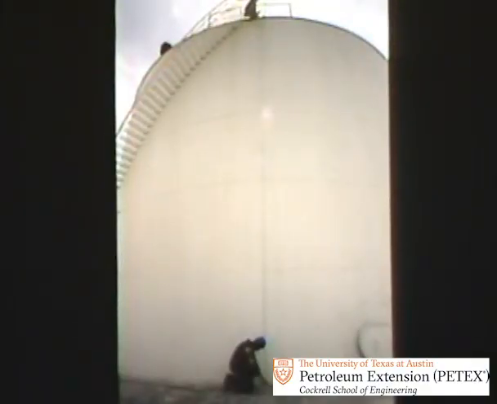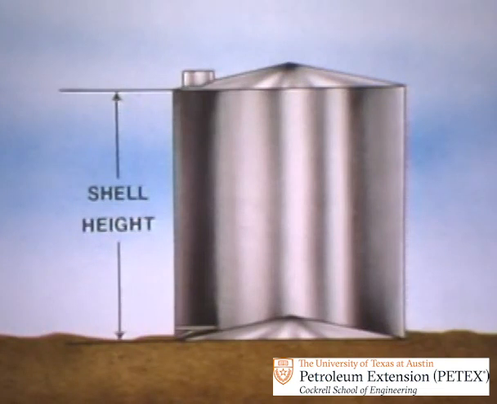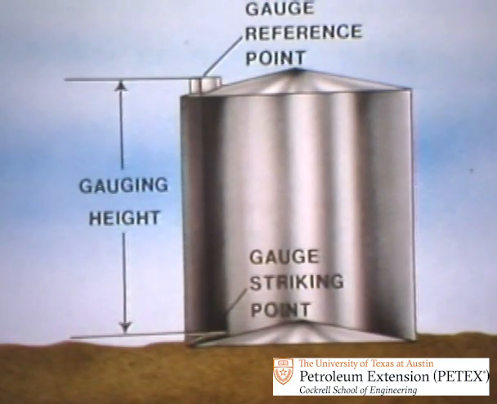Okay, let's do one final review. Several height measurements are important to the strapping operation. Shell height is the distance between the bottom of the bottom angle and the top of the top angle. Gauging height is the distance from a striking point on the tank floor or on a datum plate to a designated reference point on the hatch, here the top lip of the hatch.